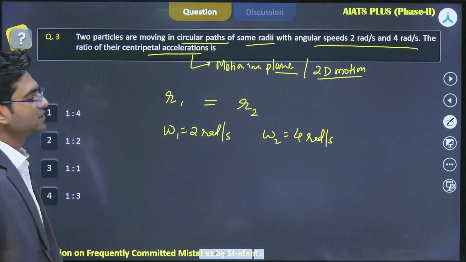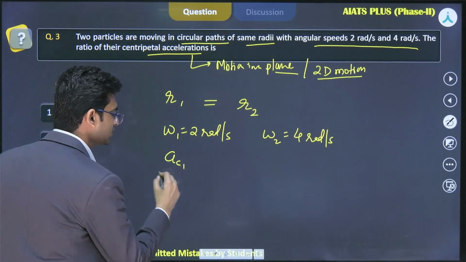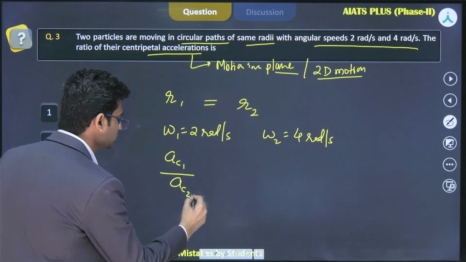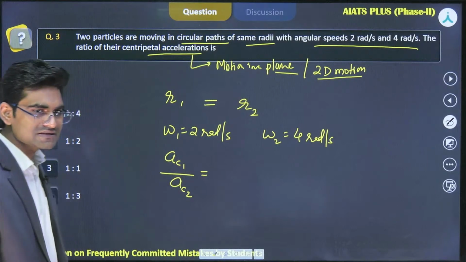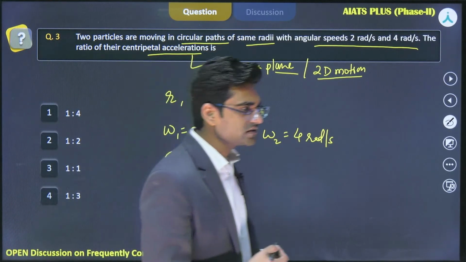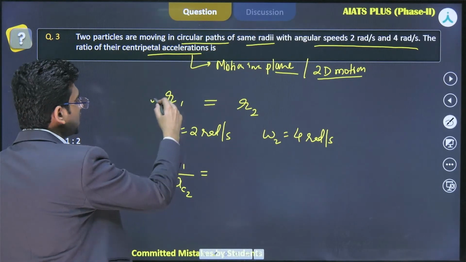The ratio of their centripetal accelerations. Let's say AC1 is the centripetal acceleration of the first particle, and AC2 is the centripetal acceleration of the second particle. What is the formula which we should use here? This should be in terms of r and omega.